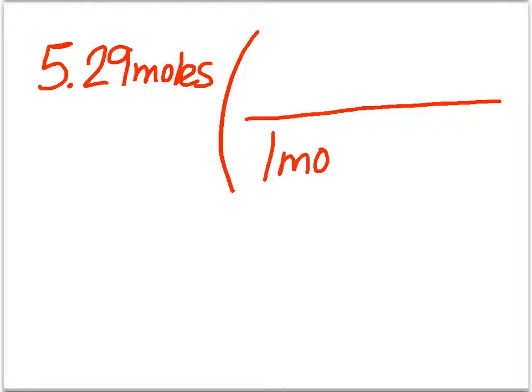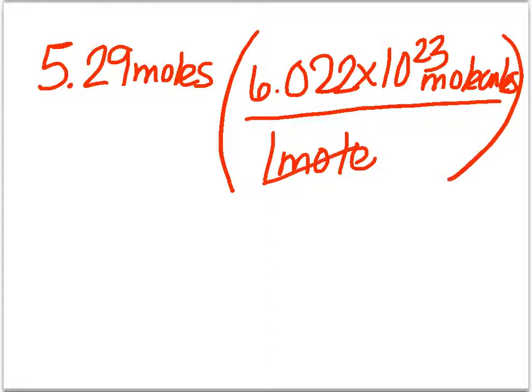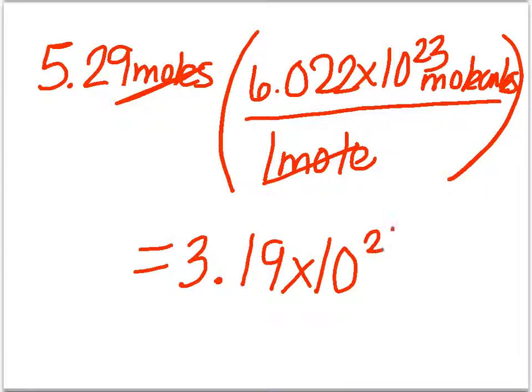So 1 mole is equal to 6.022 times 10 to the 23rd molecules. So moles cancel out, and when I multiply this out, I end up with 3.19 times 10 to the 24th molecules.